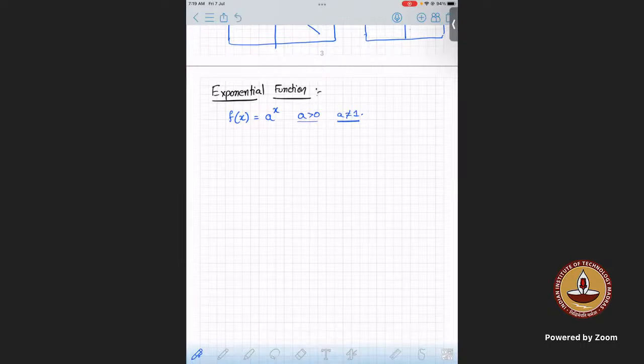Coming to a greater than 0. Why is a always greater than 0?